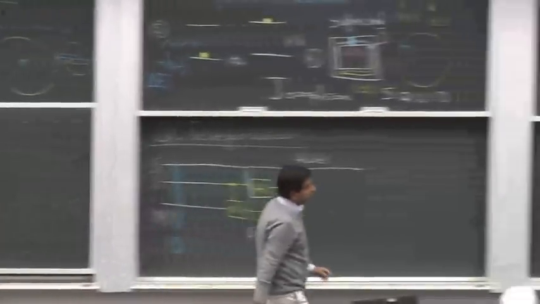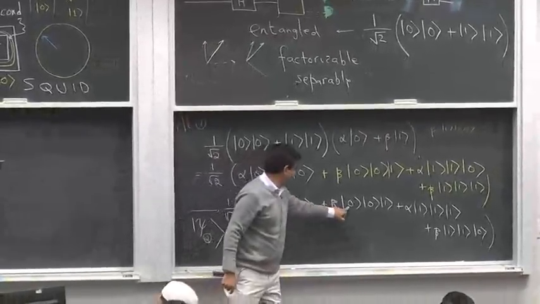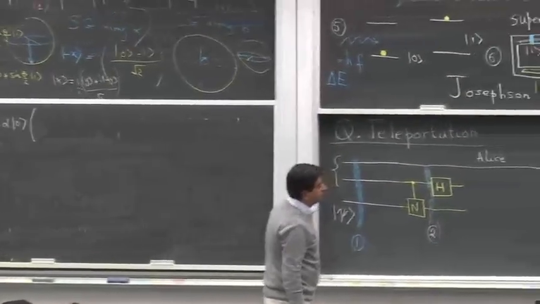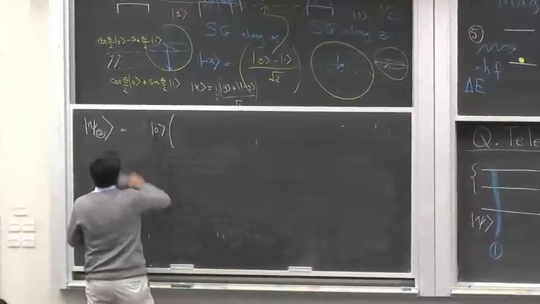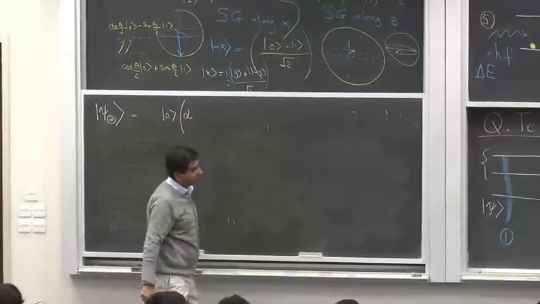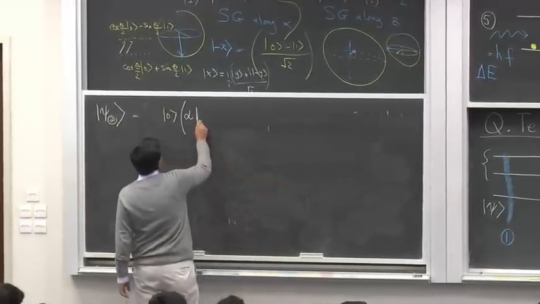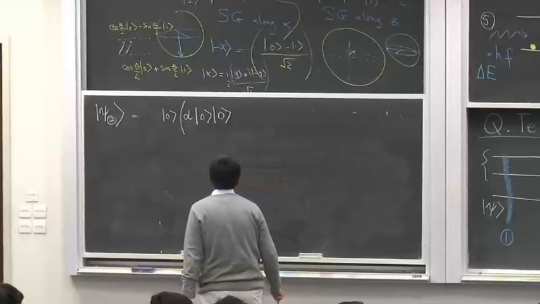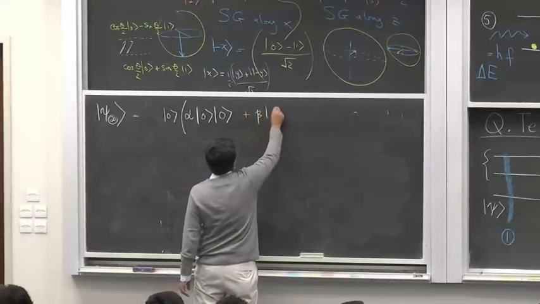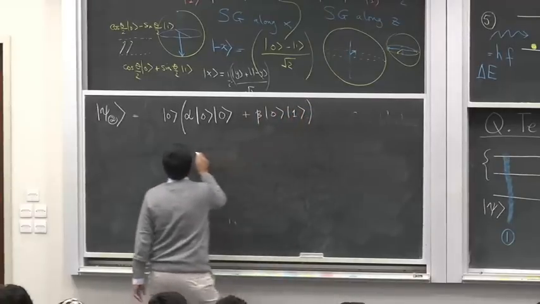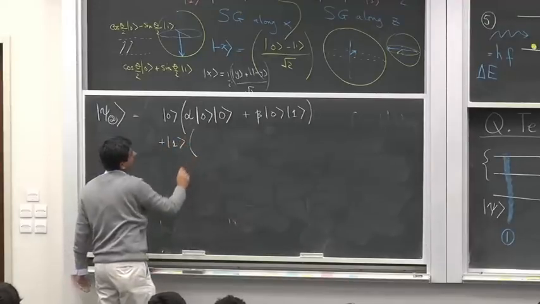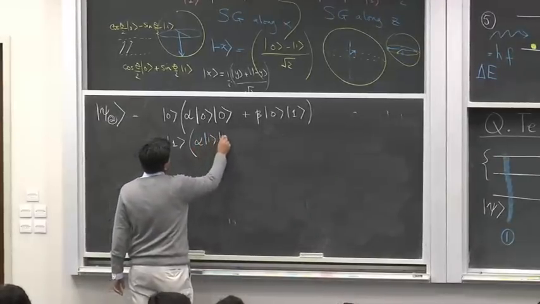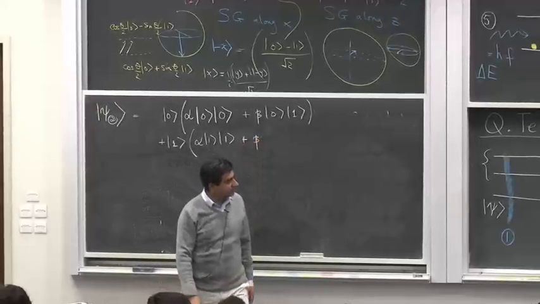I take the terms in which the first qubit is in 0: alpha 0 0 plus beta 0 1, plus the terms with the first qubit in the state 1: alpha 1 1 plus beta 1 0.